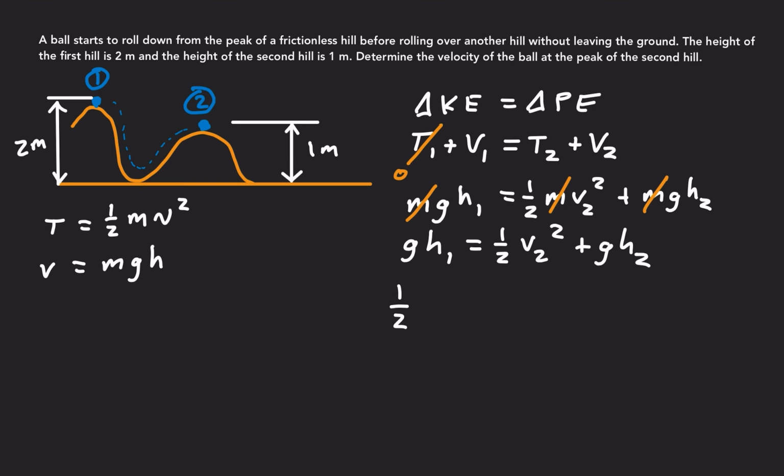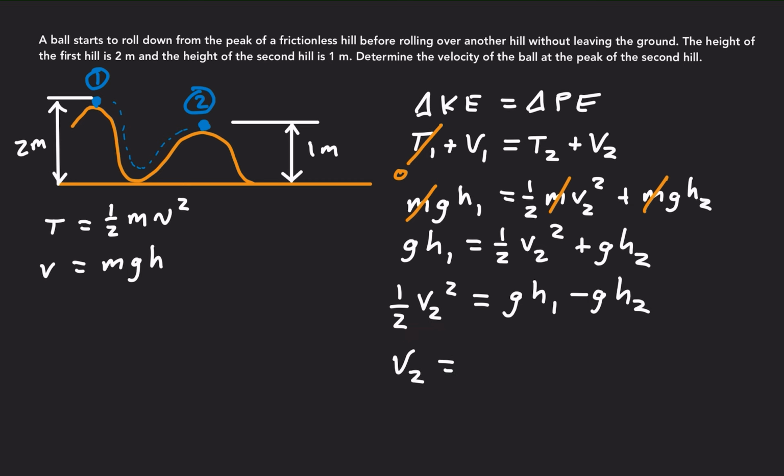I'm going to rewrite this equation and flip the sides of each term. Alright, so in this, we can factor out a g from these two terms, and then we're going to multiply by 2 and then take the square root.